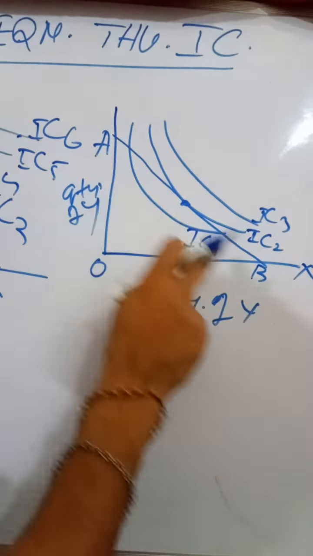Here IC is tangent to the budget line. And number two, at the point of tangency, the indifference curve IC must be convex to the origin.